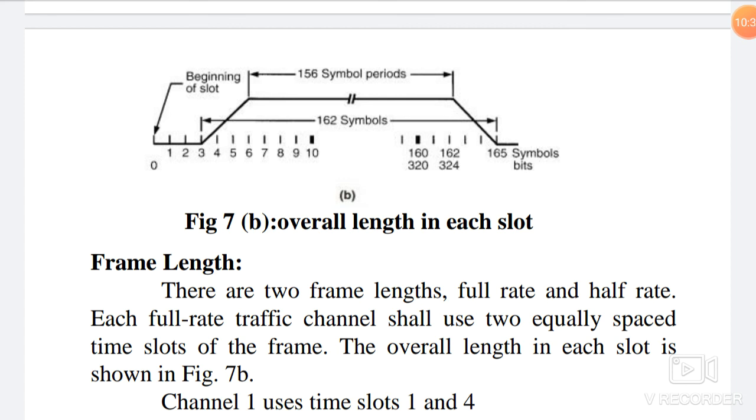Coming to the first one, the start measurement order message will be sent from the base station to the mobile station, whereas the acknowledgement message will be sent from the mobile station to the base station, the quite opposite way. Coming to the second one, the stop measurement order, the signals will be sent from the base station to the mobile station, the same as the previous one, and the acknowledgement from the mobile station to the base station.